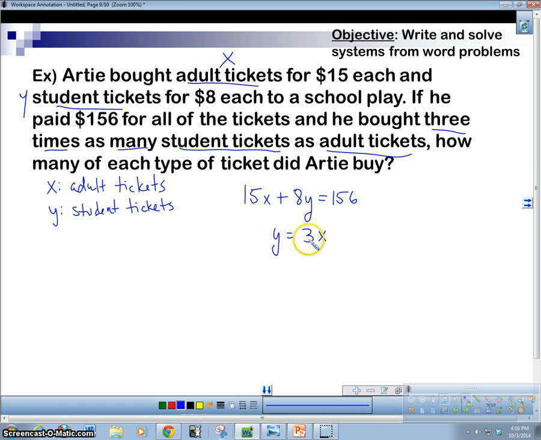All right, think of it this way: if I bought 1 adult ticket, then 3 times that many is 3, right? 3 times 1, which is that many student tickets. So I know it seems like it should be the other way around, but it really is this way, guys. It's y equals 3x, okay? 3 times as many student tickets as adult tickets.